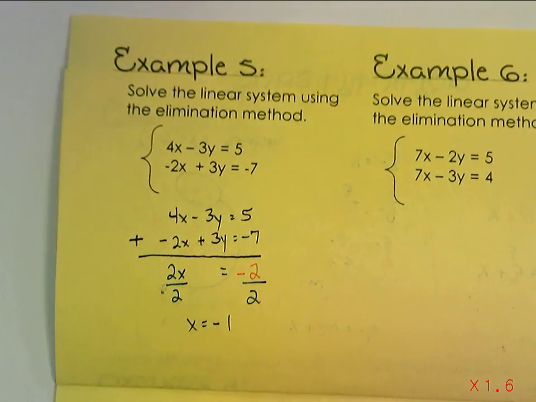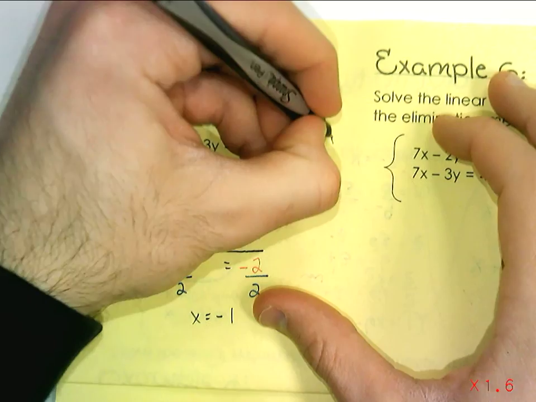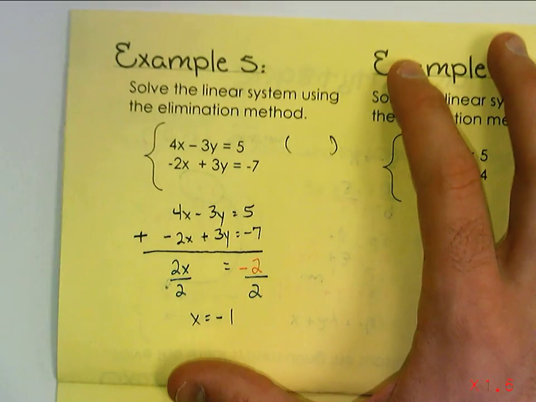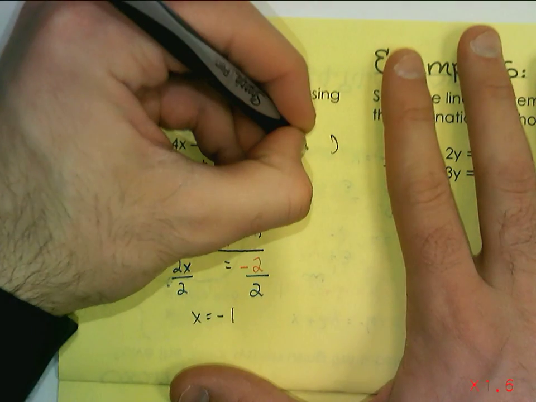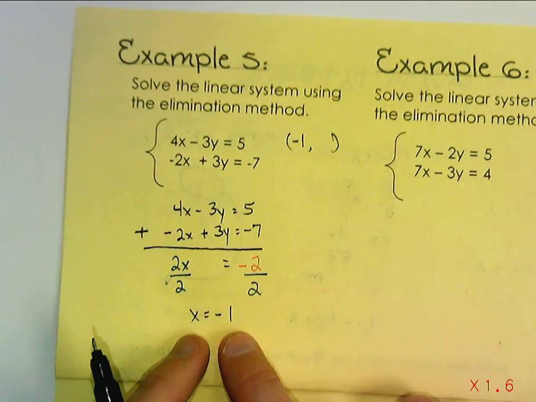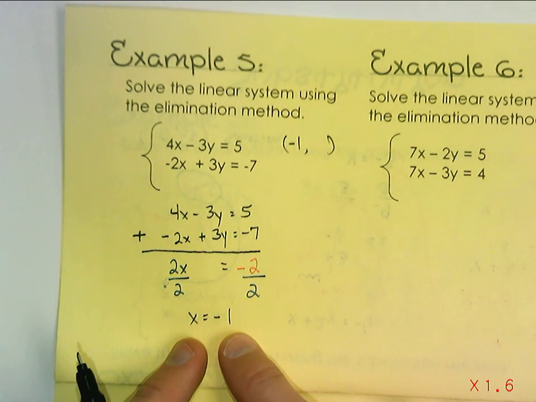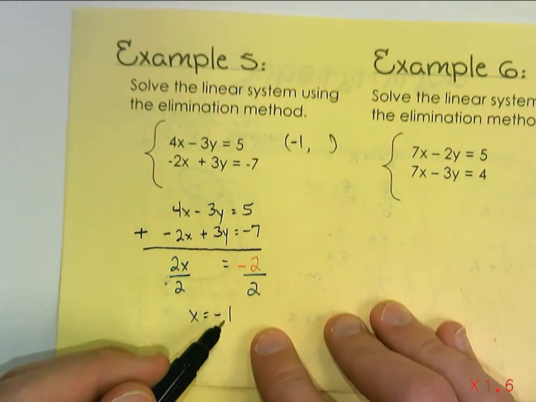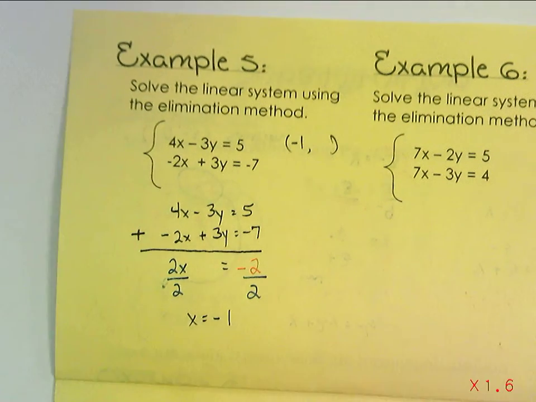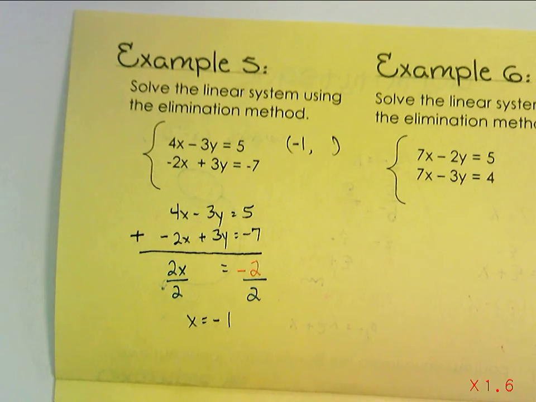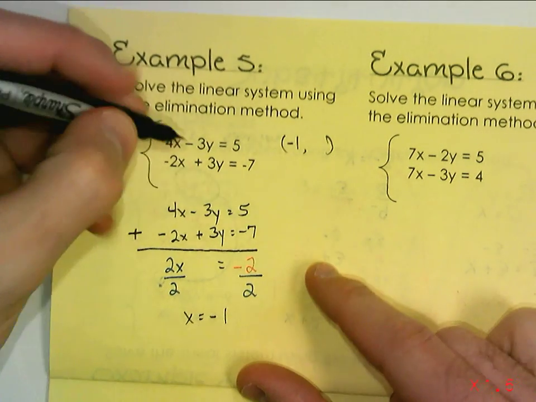So again, we have the first part of our solution, our ordered pair where these two lines cross, where they meet. So negative 1. Now you might be thinking, well, how do I find y? Well, we're going to use substitution here, and we're going to substitute this negative 1 into one of these equations and solve for it. And typically I look for the one that doesn't have any negatives that I have to deal with. So I'm going to do this one up here.